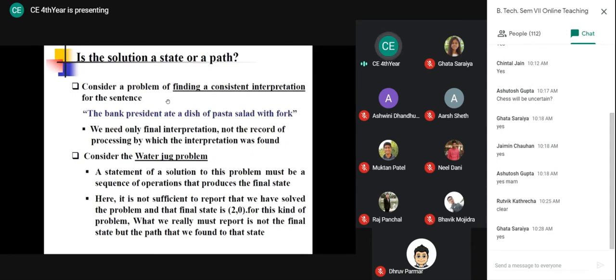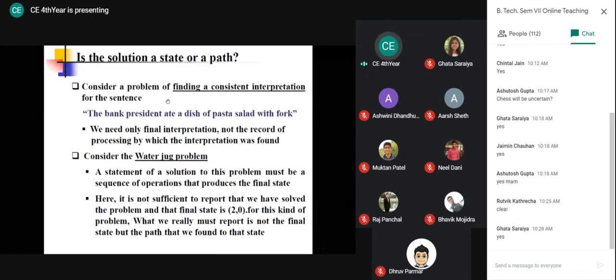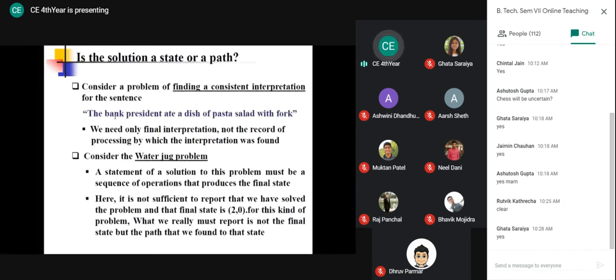So you can say that there are many possible interpretations for a particular word, but only one is meaningful. Now see, in this particular sentence, refer to bank. The word bank may refer to a financial bank or to the side of a river, but only one of these may have a president. That's why we need only a final interpretation, not the record of processing by which the interpretation was found.